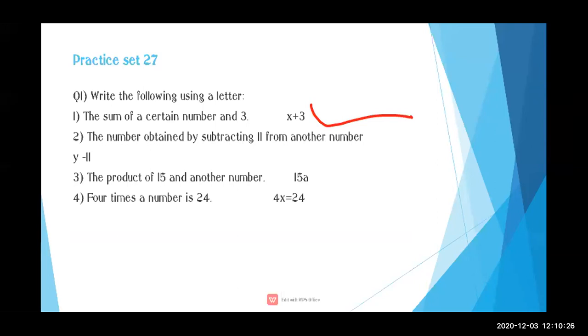So we have to write another number y, subtracting 11. So the answer should be y minus 11.